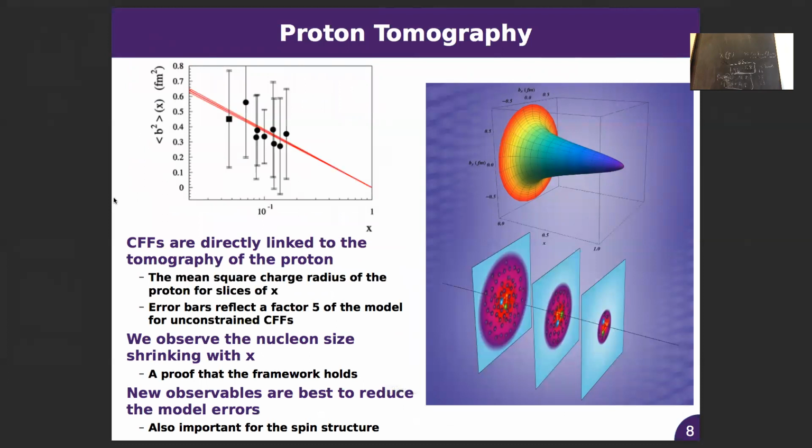Those are systematic errors correlated with the size of the model. Here it was done to be very conservative, with a factor 5 on the model. It's using the VGG model. If you believe in the model, you can shrink the error bars as much as you believe in the model.